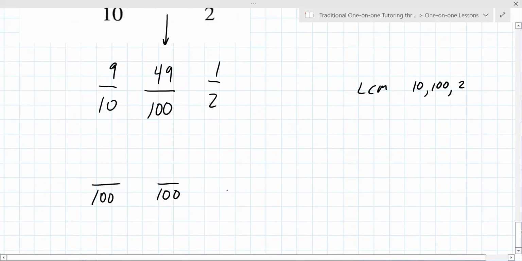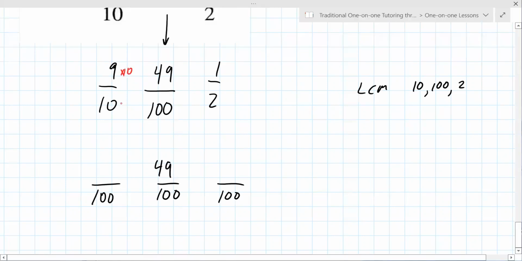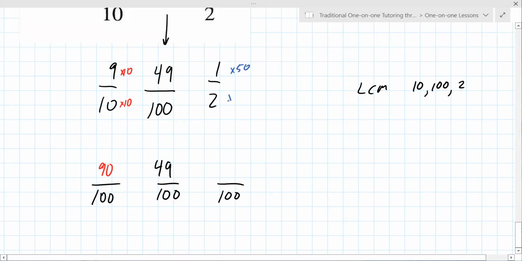We would like to spend more time on this in a future lesson. So you got to figure out what goes in the top in each of these. Like the first one, you're going to multiply the top and bottom by 10. So that's 90. And then you multiply the top and bottom by 50 over here to get 50.